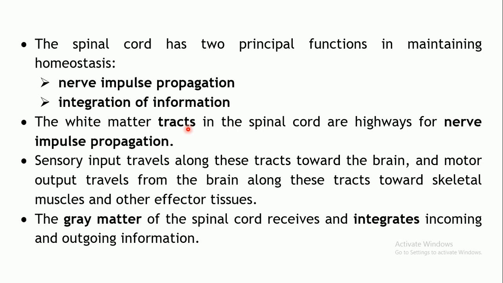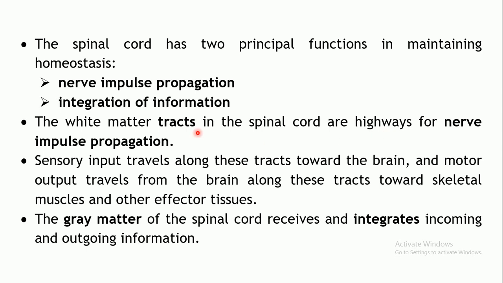So there are cranial nerves and the spinal nerves which are bringing in the information and taking the information away from the CNS. But within the CNS, the information is carried by these tracts which are present in the white matter of the CNS. So in the spinal cord, the white matter mainly comprises these tracts which are acting as the highways, you can say, to carry this particular information. So the propagation of this nerve impulse takes place along these tracts.